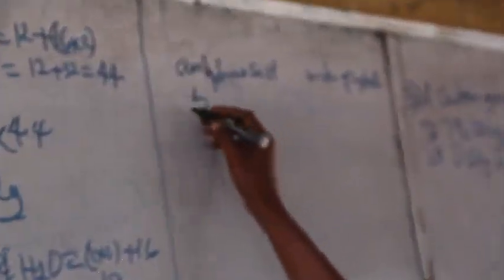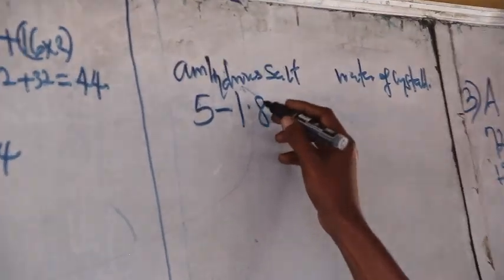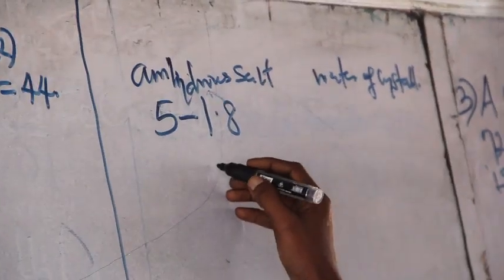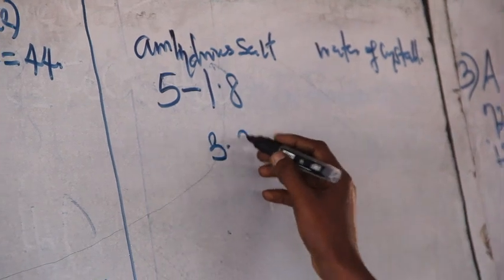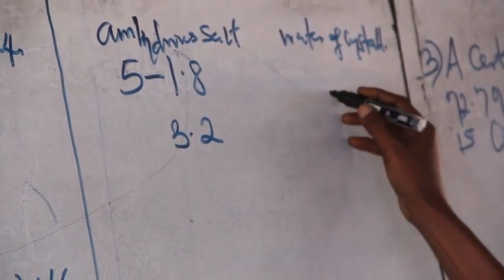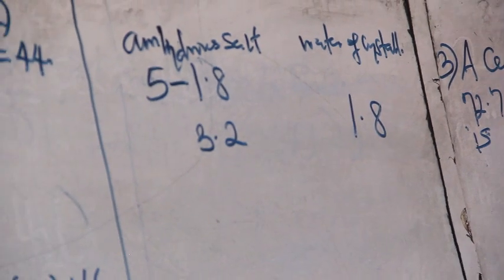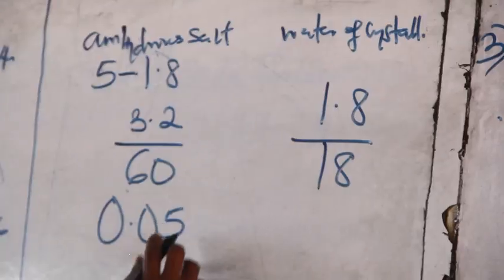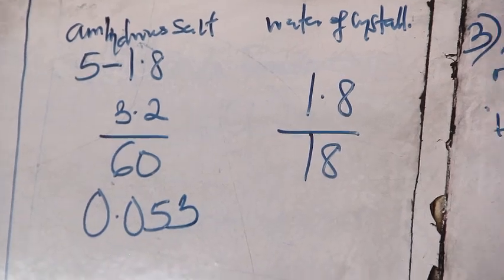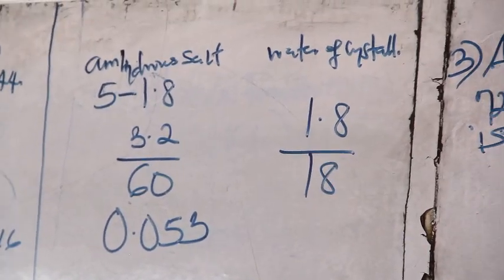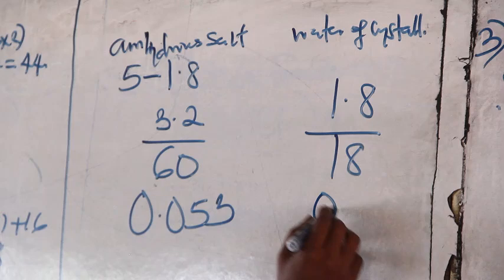So to get the mass of anhydrous salt, that will be 5 minus 1.8, and that will give us 3.2. And of course, the mass of water is 1.8. And 1.8 divided by 18 will give us 0.1.